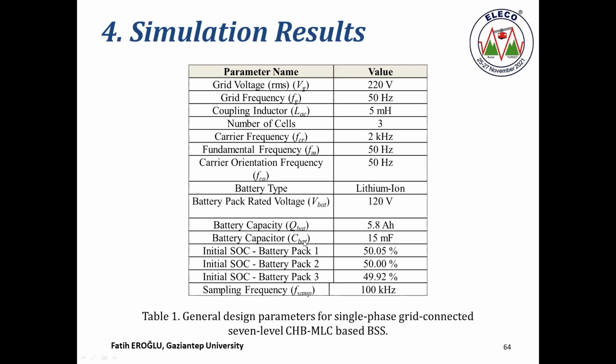These are the initial SOC values for each battery pack. These values are chosen very close to each other, but different, to reduce the simulation runtime. But if these values are displaced with a high rate, this method also works.